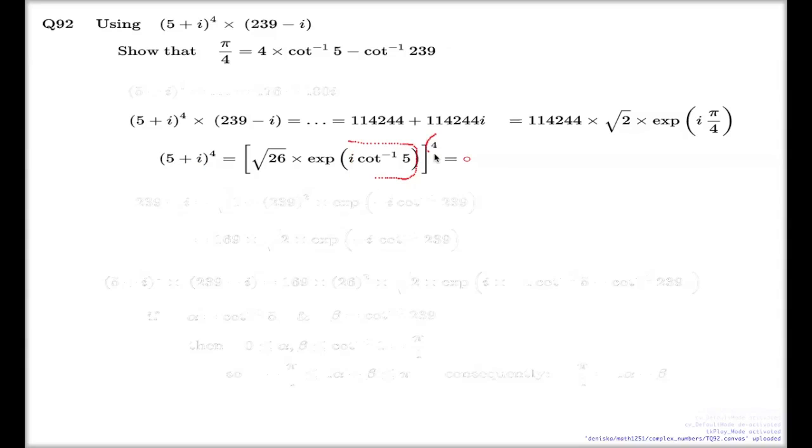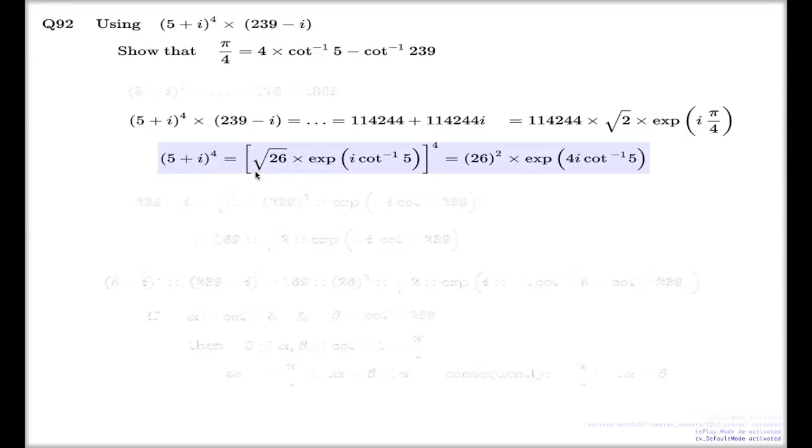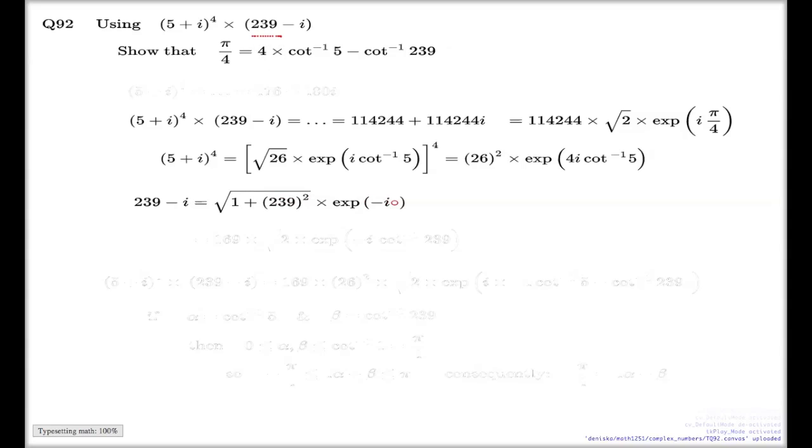When you raise this number to the power 4, it's very easily done in exponential form. Here's the result. I raise the modulus to the power 4, and I multiply the argument by 4. Similarly for the second factor, here's the modulus and here's the argument.